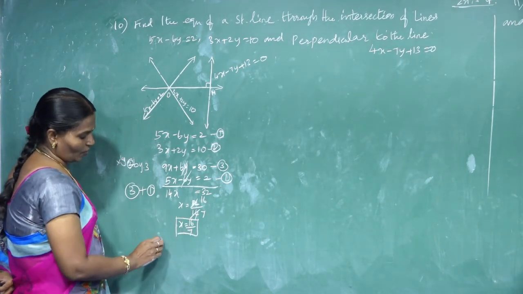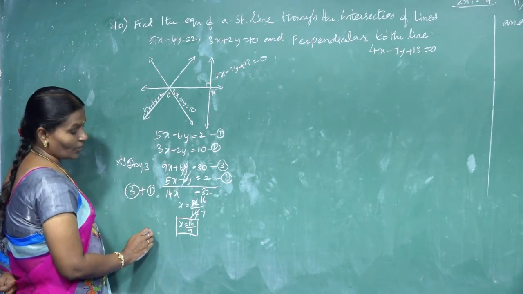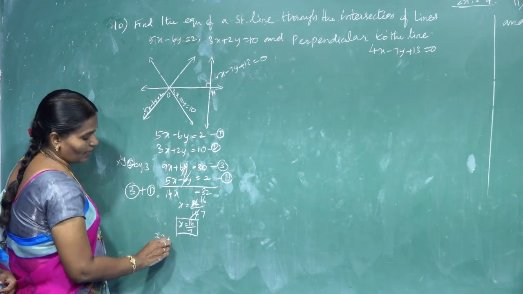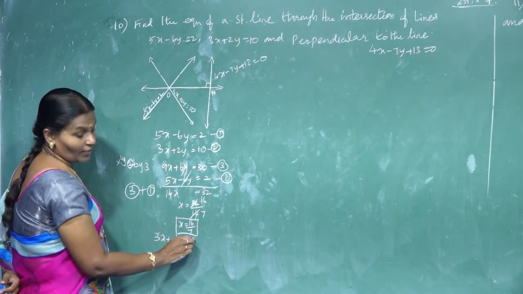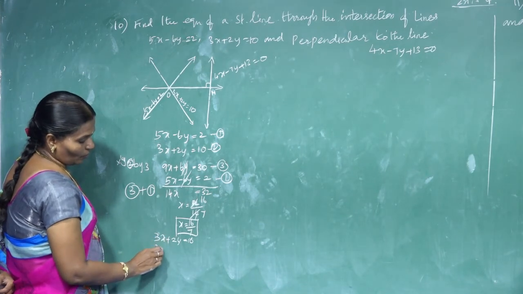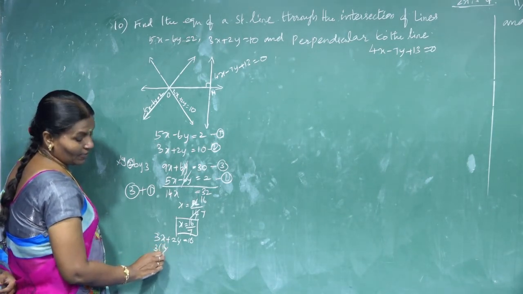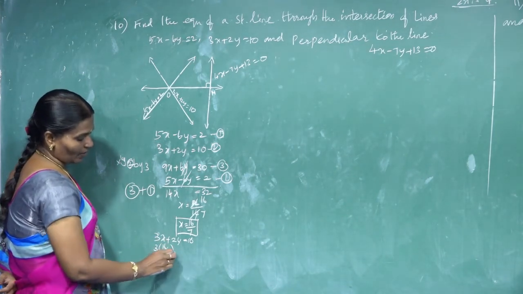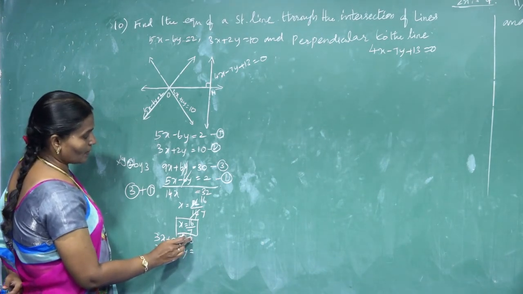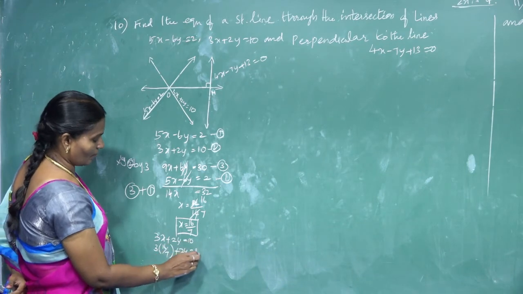Now find out y. Take 3x plus 2y is equal to 10. Substitute the x value, that is 16 by 7. 3 times 16 by 7 plus 2y is equal to 10, yes, 10.